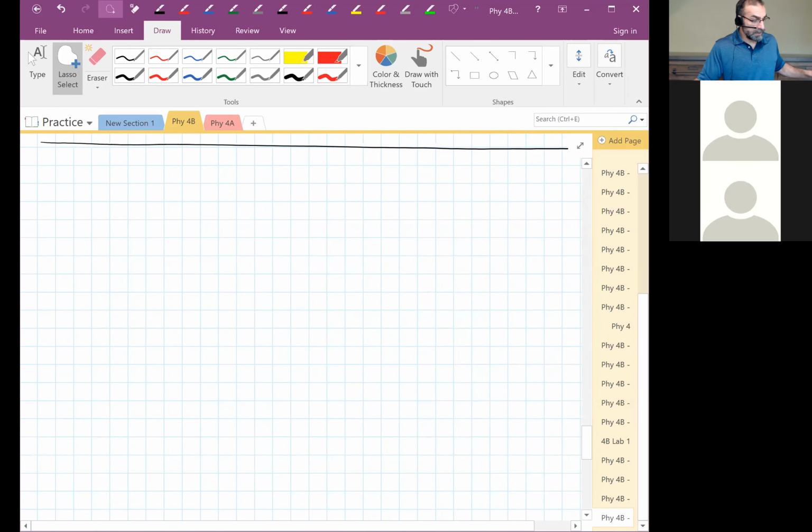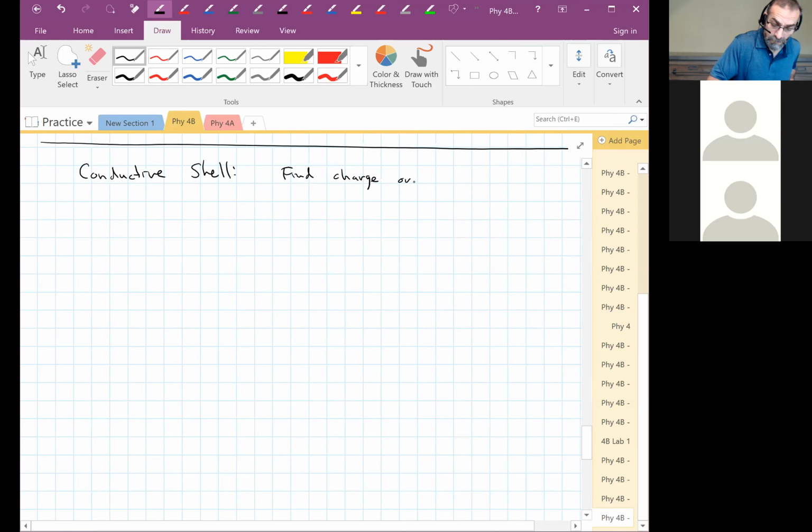So let's take a look at the surfaces one more time. Let's do our conductive shell. So here's our shell.